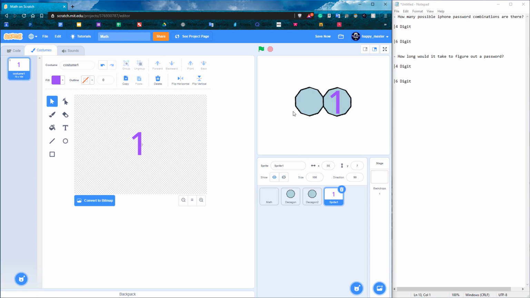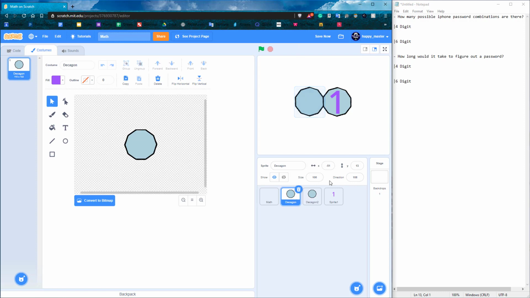Each side on this is side 1, side 2, side 3, side 4, side 5, side 6, side 7, side 8, side 9, and side 0. If we look at decagon 1, this is staying 1, and we're testing 1 with 1, 2, 3, 4, 5, 6, 7, 8, 9, 10.